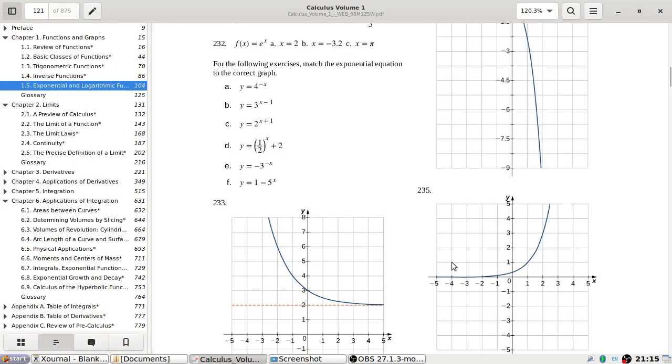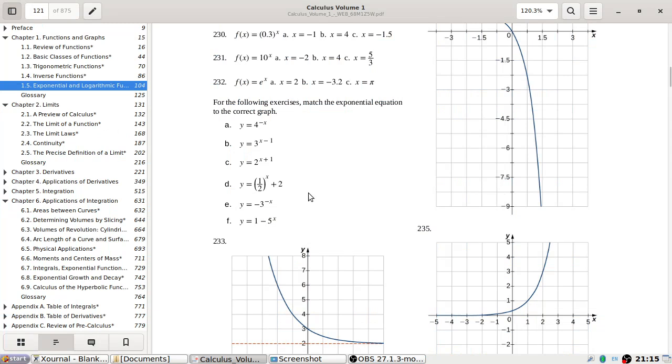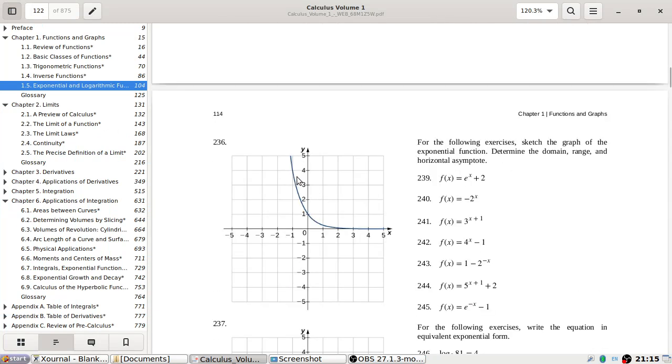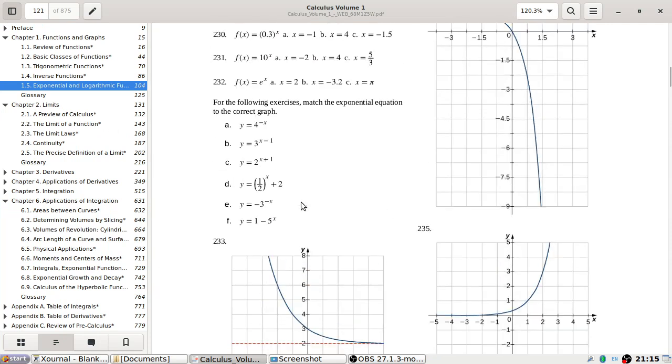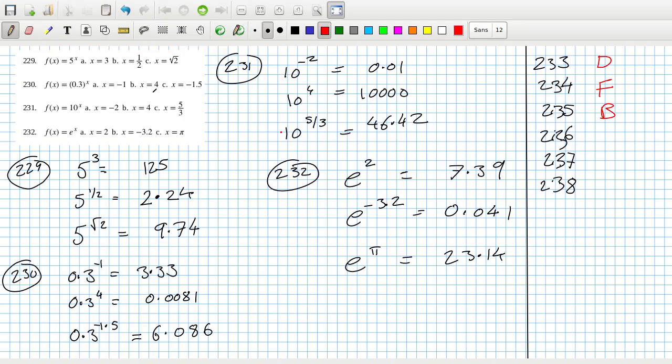These are 3s, not 2s. Okay, 2, 3, 6. Okay. Declining, so negative power could be this one, A. Let's just go with A.